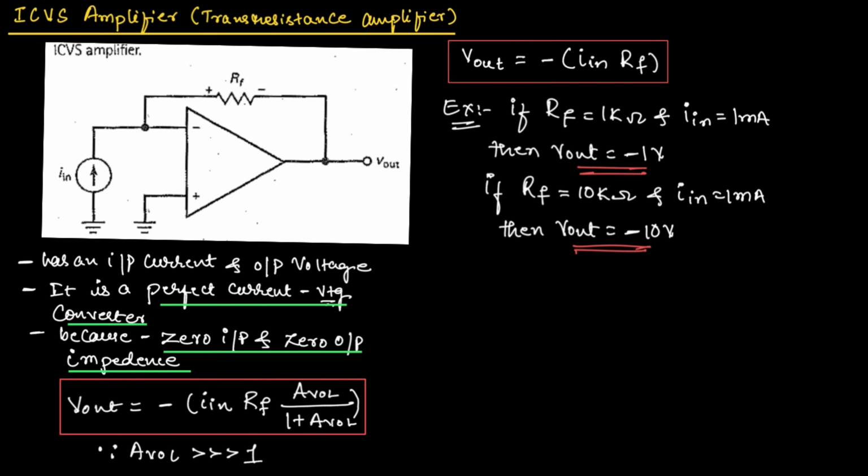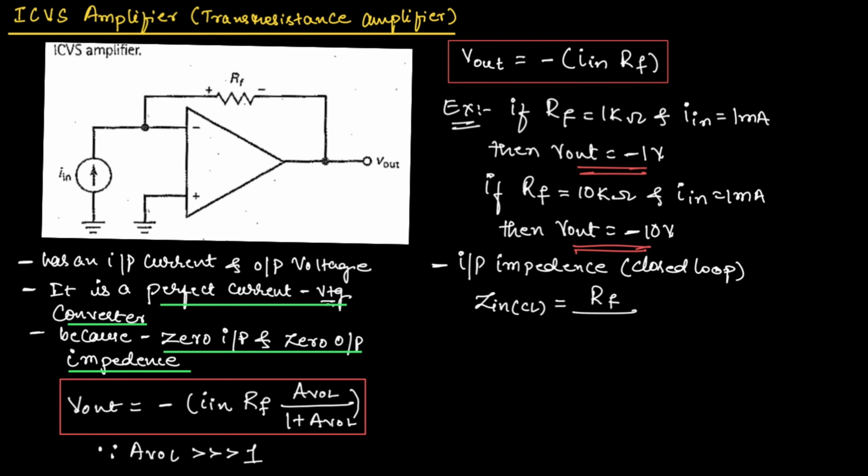voltage will vary. For the ICVS amplifier, the input impedance for a closed loop can be given as: closed loop input impedance will be equal to RF divided by 1 plus AVOL. So this is the expression for closed loop input impedance, which can be given as RF divided by 1 plus AVOL.